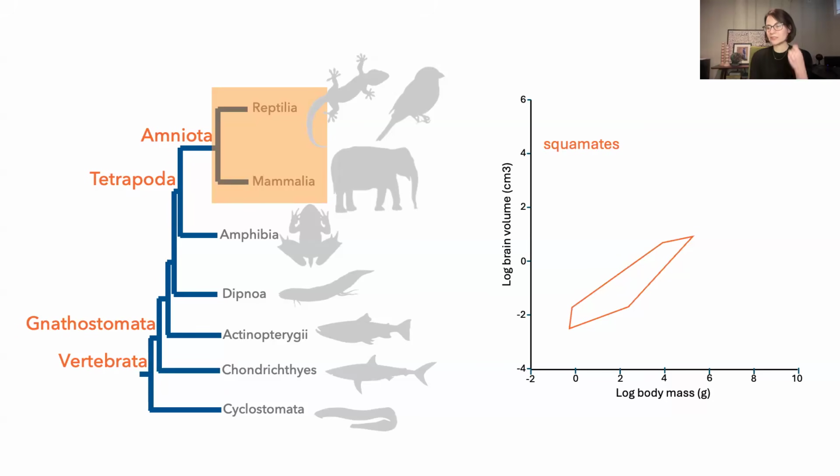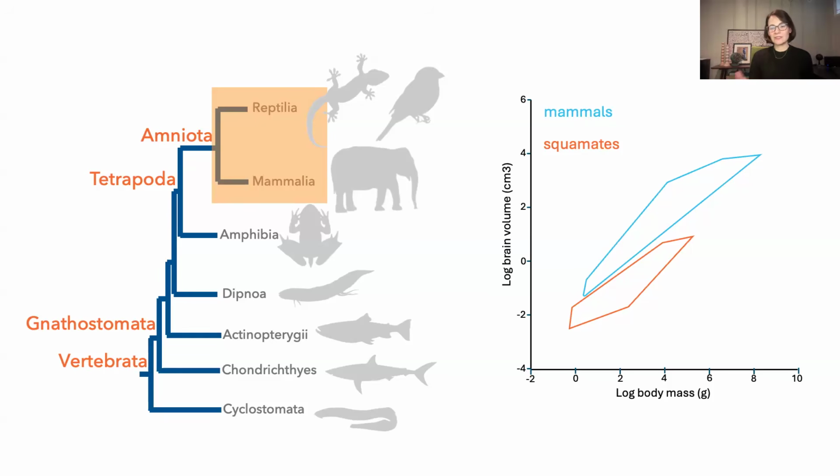This polygon encompasses the range of variation of relative brain sizes for squamates. And of course, squamates include lizards and snakes. We can look at another polygon here for mammals. And so this would encompass the range of variation in relative brain sizes for mammals.